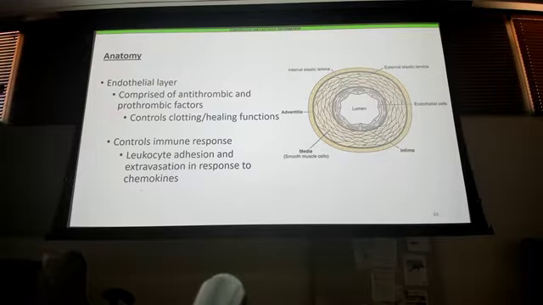And we talked about how there's this endothelial layer over the intima, which has these antithrombotic and prothrombotic factors. So it regulates the formation of clots. So hopefully, clots don't form inappropriately, and this is the layer that kind of regulates that function.